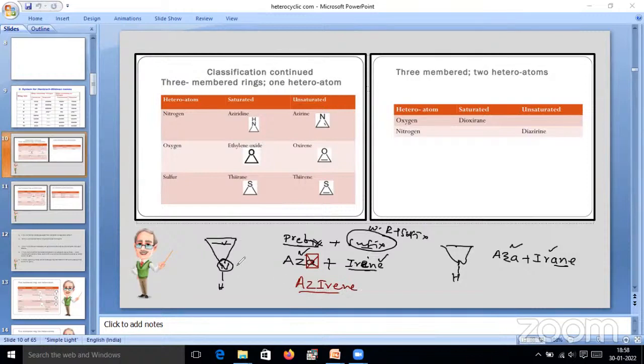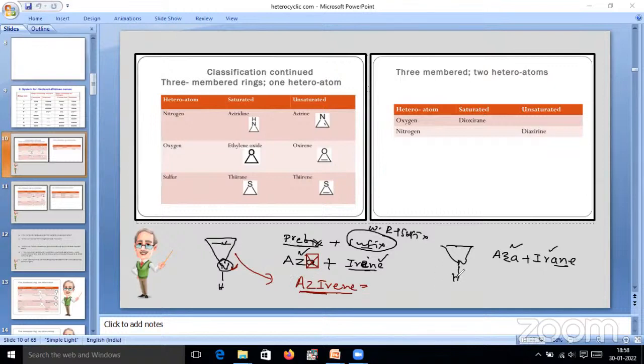So the IUPAC nomenclature for 3-membered nitrogen containing unsaturated heterocyclic system is azirine. First write prefix, then only write suffix. You can delete the last letter A in prefix, then this prefix add it to suffix. Okay. So collectively we can call it as azirine. Azirine is the IUPAC nomenclature for 3-membered nitrogen containing heterocyclic system.